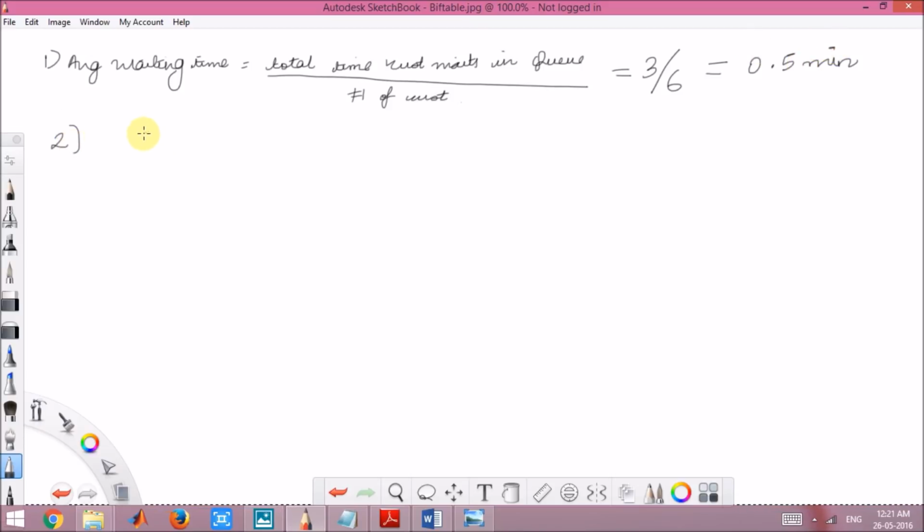The second thing that we have to calculate is the probability that a customer has to wait in the queue. That is given by the total number of customers who actually wait in the queue divided by, again, the number of customers that are there.